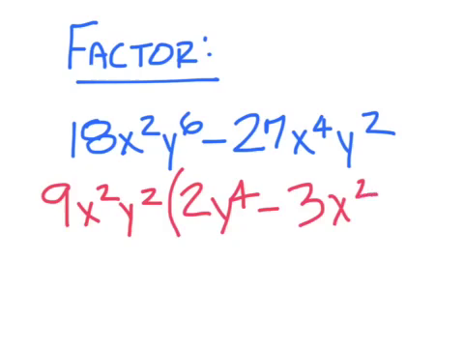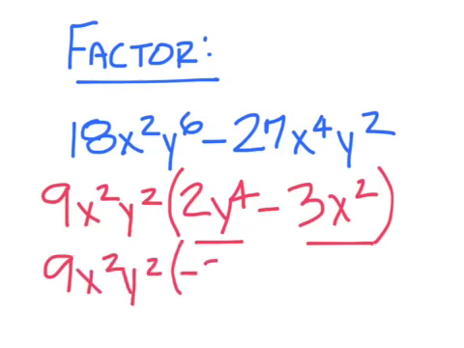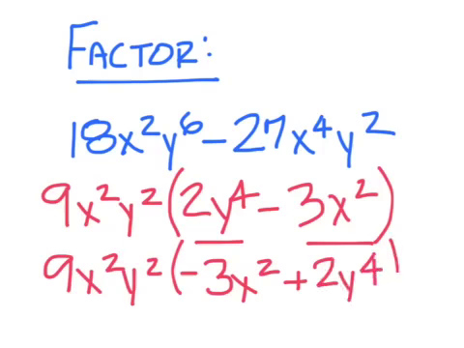Y squared times y squared is 1. Now put these in order. If you don't have x's here and here, then you can do it like this. Negative 3x squared plus 2y to the fourth, and I've put that in alphabetical order. Descending powers of x come first, and then alphabetical order is next if you only have an x and a y, and so forth.